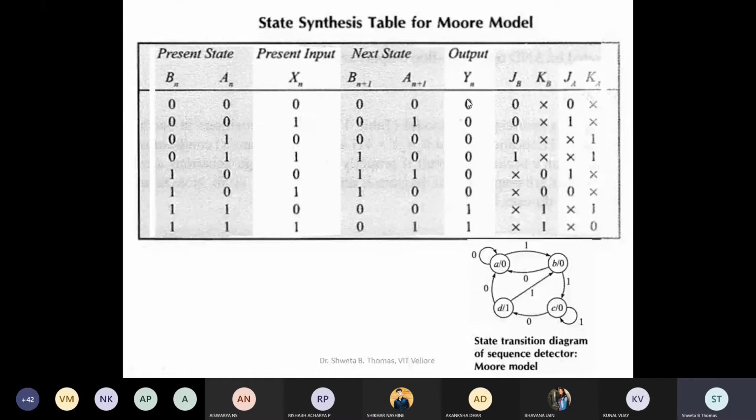Wherever 1 is there in this output and all these entries, you need to fill it in, and the dimension of the K-map will be 3: X, B, A.